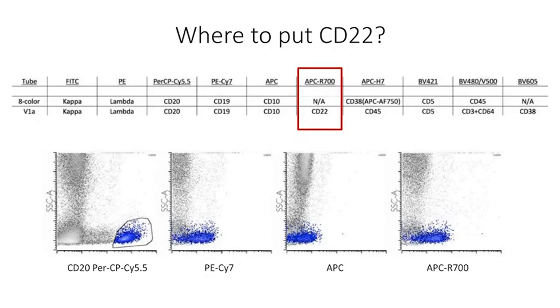So from a spread issue, APC R700 would be a great place for CD22. The only question is, is it a bright enough fluor? It's not among the strong, it's in that category that we called moderate, but we were hopeful that it would be bright enough, and then we would cover our spread issues here. Next slide.